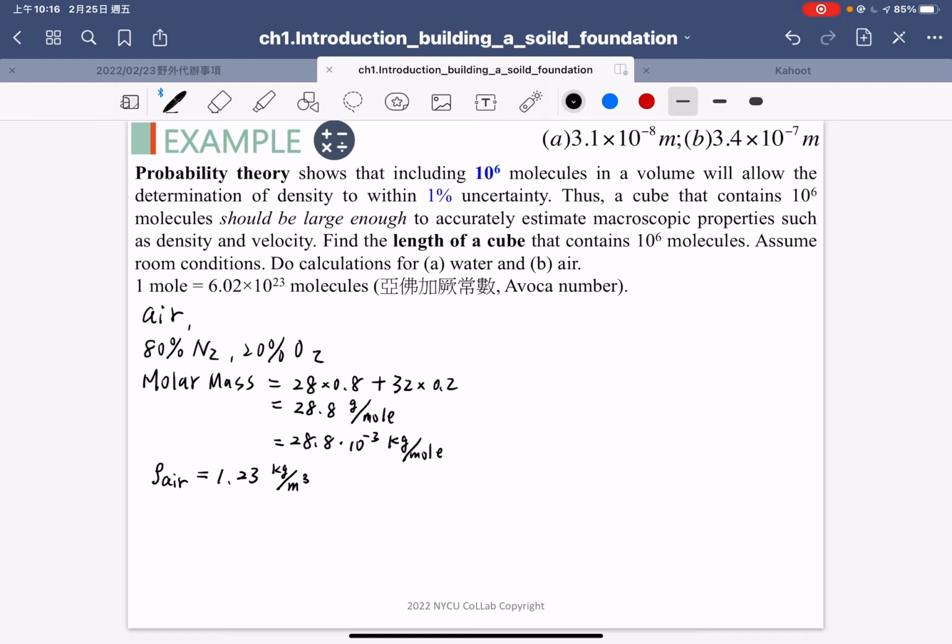Maybe you didn't know the density of air, but here I just tell you the density of the air.